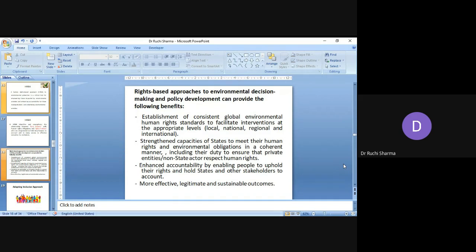The establishment of consistent global environmental human rights standards to facilitate interventions at the appropriate levels, which include local, national, regional, and international. Then strengthening the capacities of states to meet their human rights obligations and enhancing accountability by enabling people to uphold their rights and to have more effective, legitimate, and sustainable outcomes.